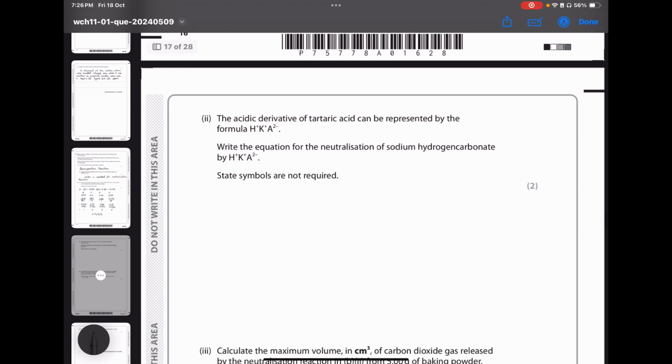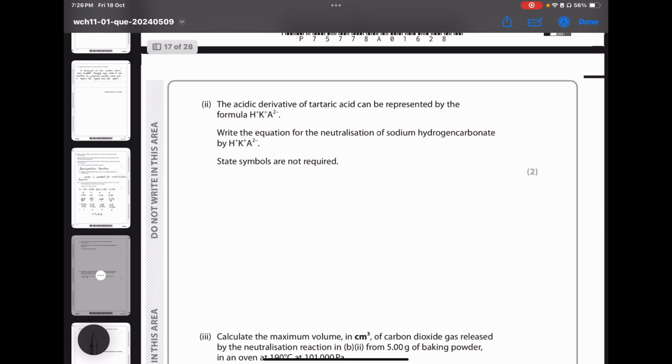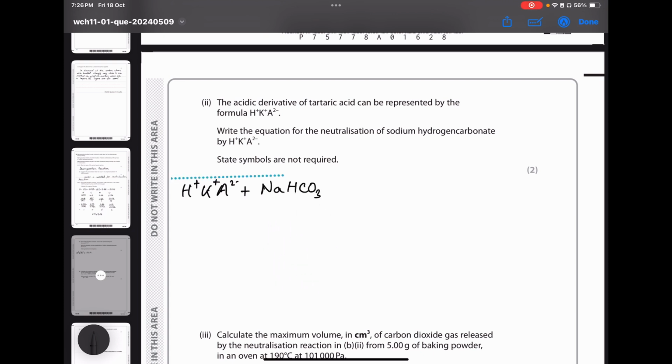Okay. The acidic derivative of tartaric acid can be represented by the formula H plus K plus A 2 minus. Write an equation for the neutralization of sodium hydrogen carbonate by this. Okay. So H plus K plus A2 minus plus sodium hydrogen carbonate, NaHCO3, will produce Na plus because this is going to lose the H plus.